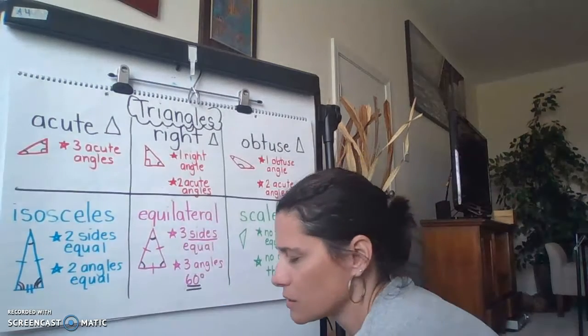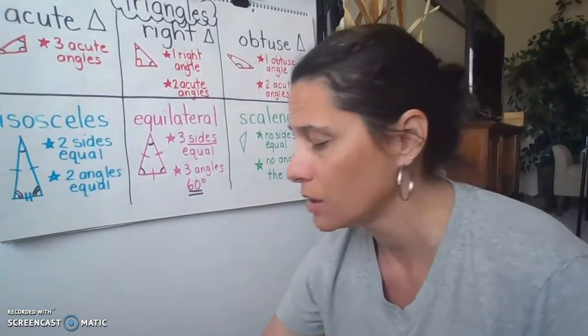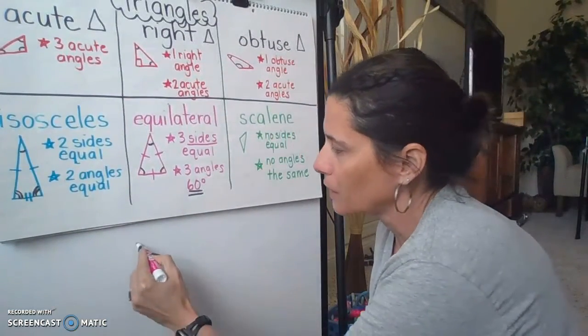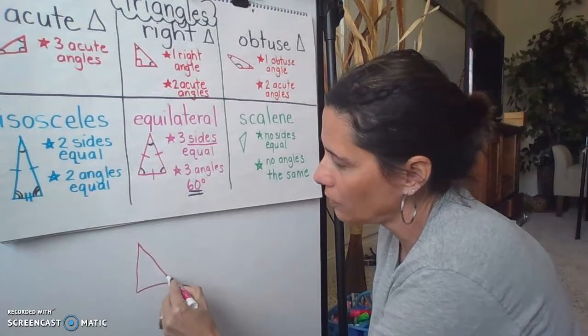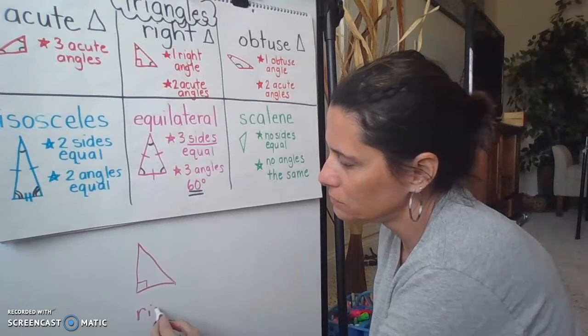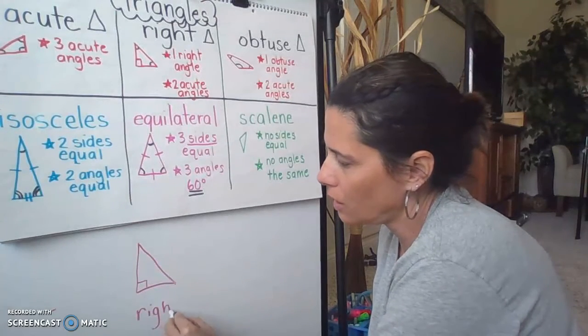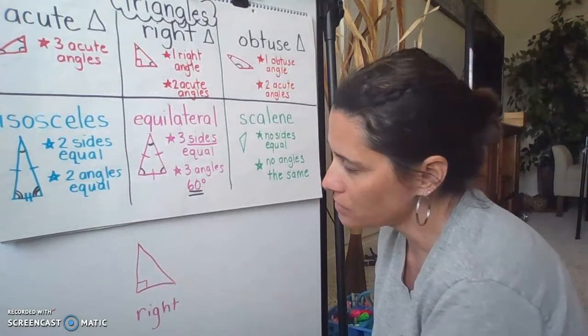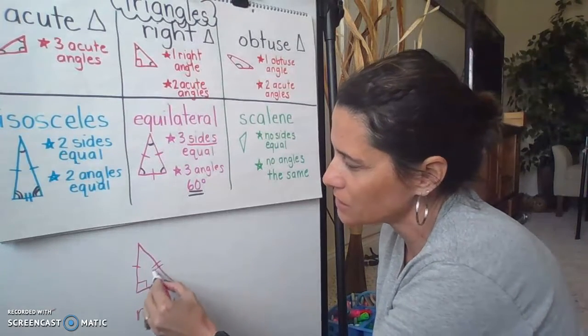So really fast, I'm just going to do 2 examples, and then we're going to practice it together. So for example, if I do this right angle, this is a right triangle because it has 1 right angle and 2 acute, but it's also these 2 lines are the same, this one's not.